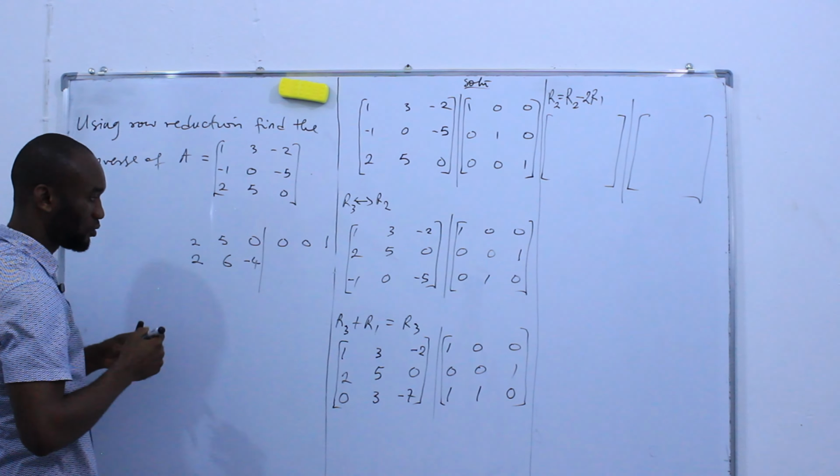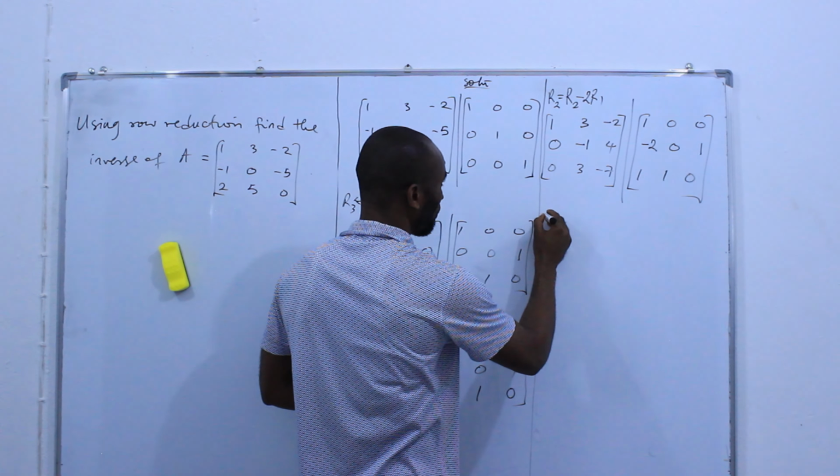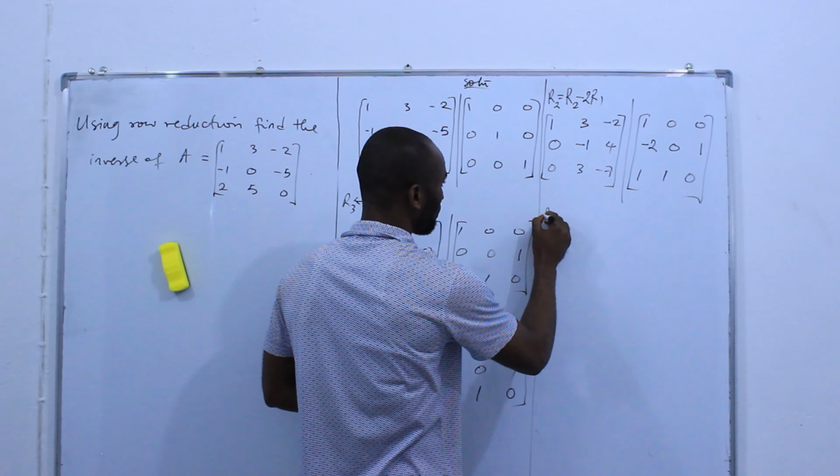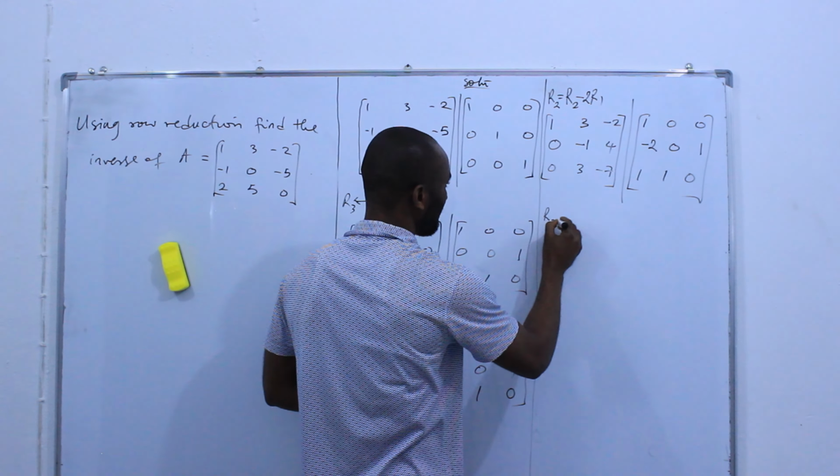Row 3 is equal to row 3 plus 3 row 2. Let's look at the operation here.